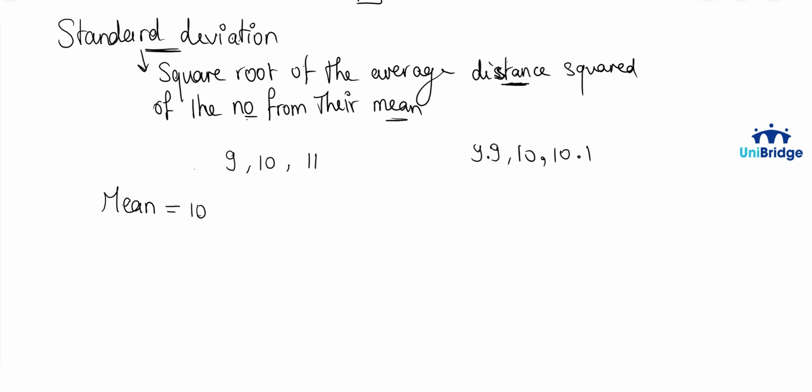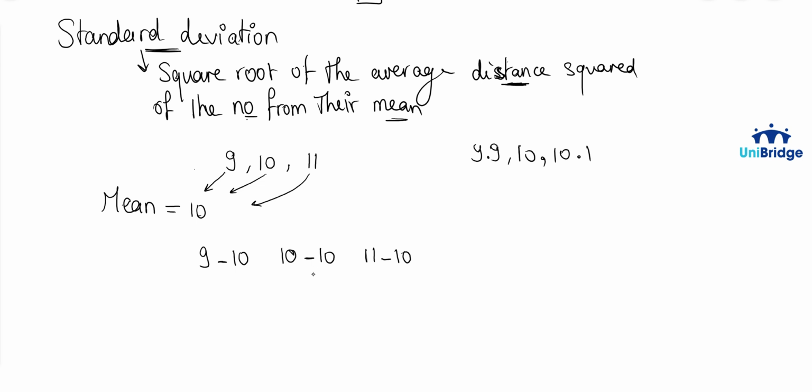Right? Now you want to find the distance squared between each number and the mean. So you're going to say, how far is the 9 from the 10? And how far is the 10 from the 10? How far is each number from the average of all the numbers? And how far is the 11 from the 10?